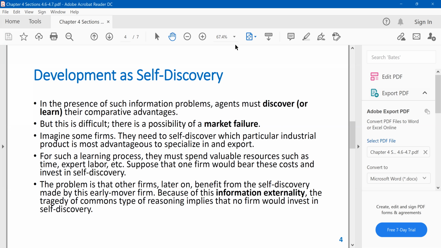So then this economy faces a constraint, faces a particular information externality, a negative externality here. So the information externality is positive for the firms if the initial firm self-discovers, but then as a direct result, there's a tragedy of commons outcome. Okay, so that would create a trap, right?